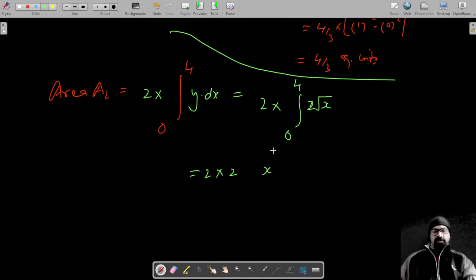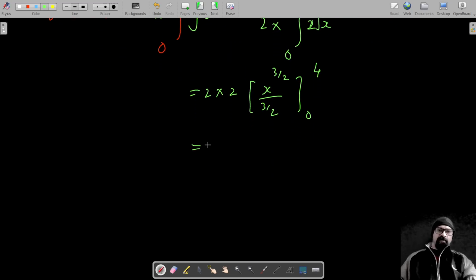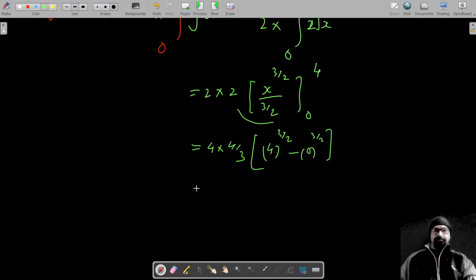Integration of root x is x raised power 3 by 2 upon 3 by 2. It has to be evaluated for the limits 0 to 4. So this is equal to 4 into 4 raised power 3 by 2 minus 0 raised power 3 by 2.